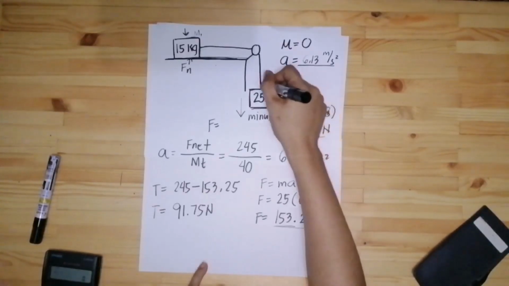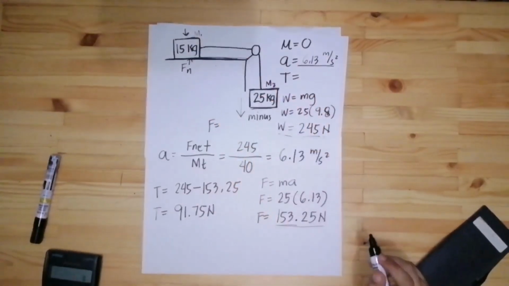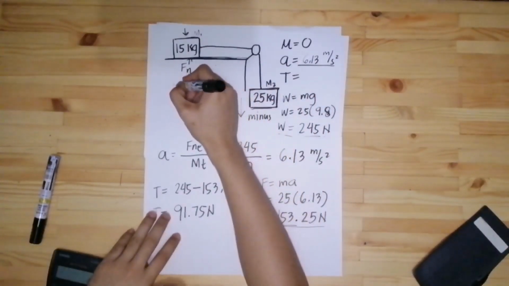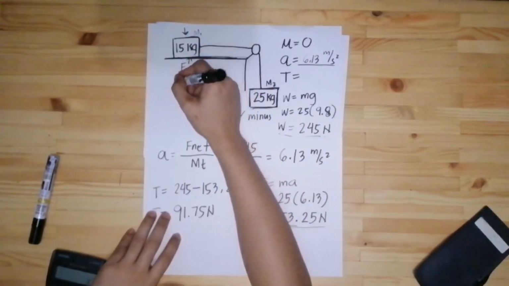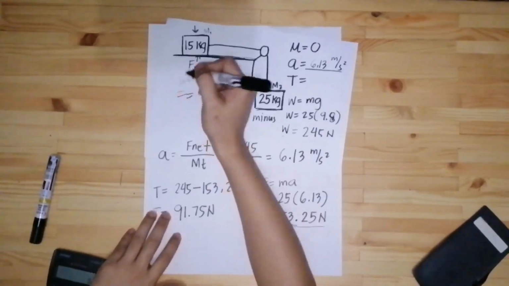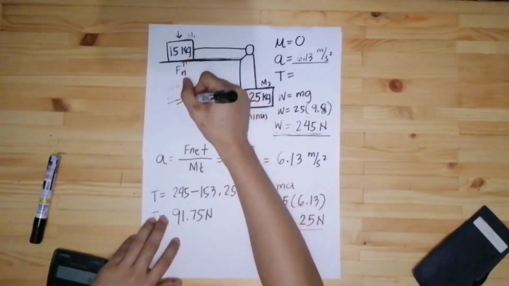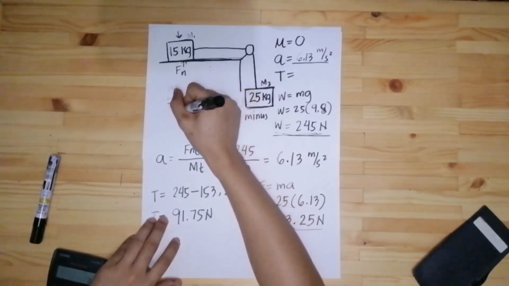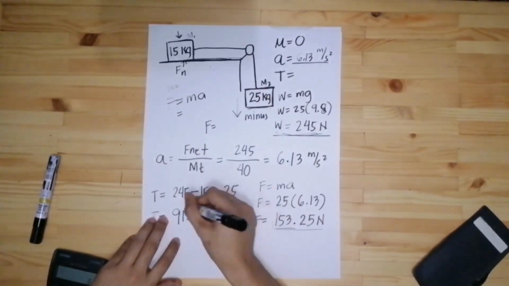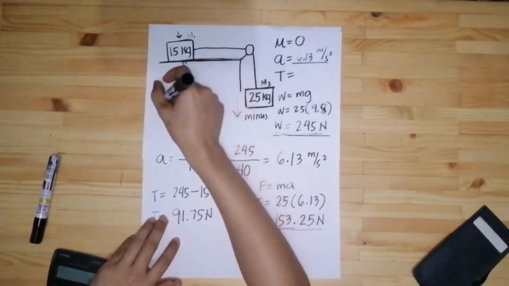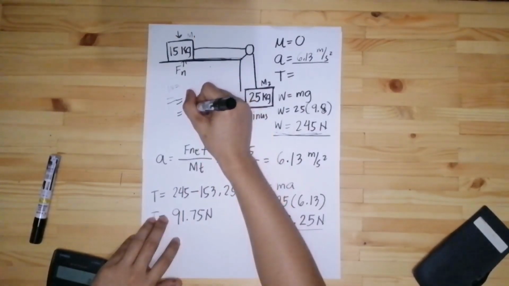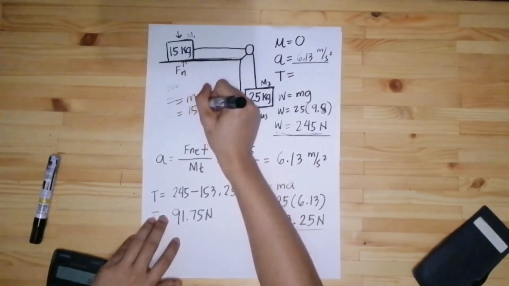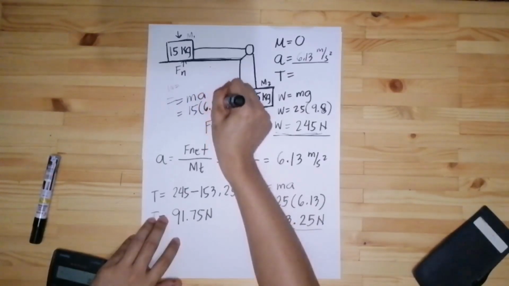Pwede mo rin gamitin to, pero ito kasi wala tong weight. Wala tayong weight na nakuha dyan kasi na-cancel ang normal force. So ang meron tayo dito ay force. F equals ma lang din yan, so multiply lang natin. Wala tayong ima-minus, wala tayong ipa-plus. Kung ano lang yung sagot dito, yun na rin ang tension niya. So m natin dito ay 15 times the acceleration 6.13.